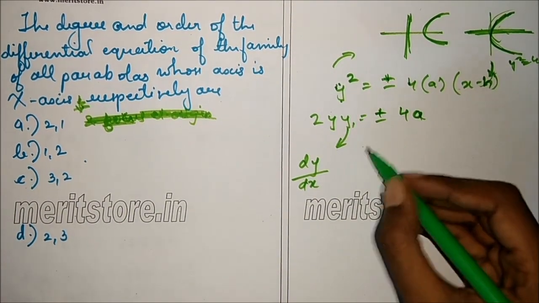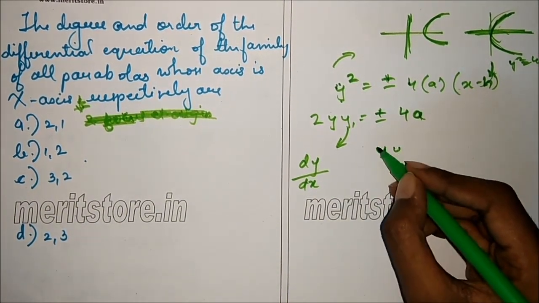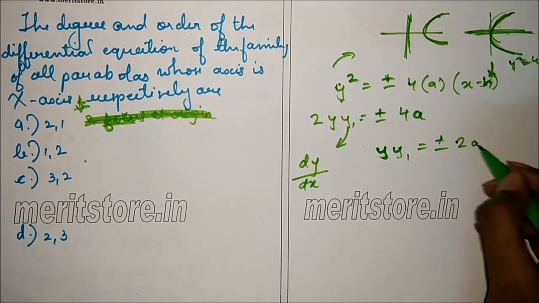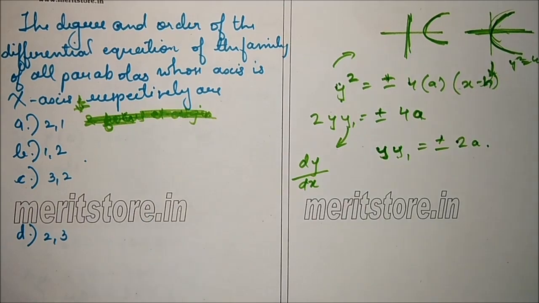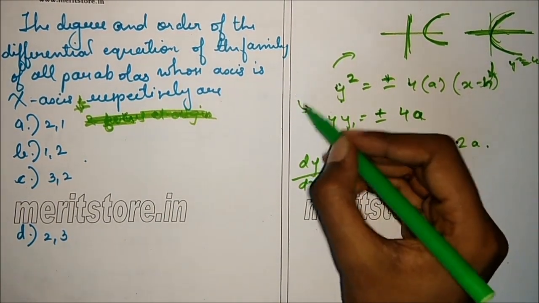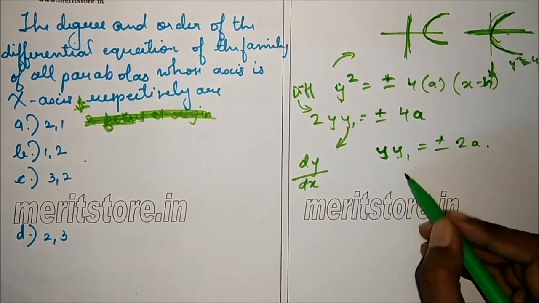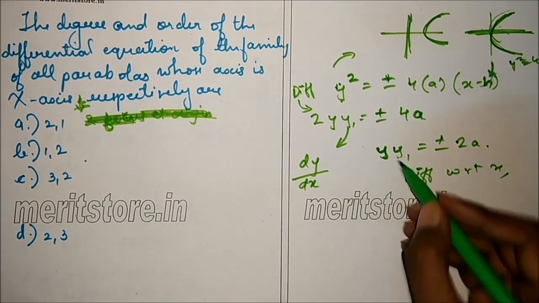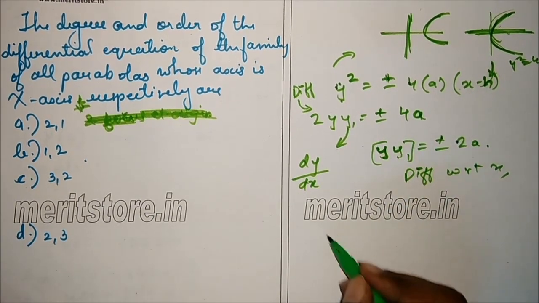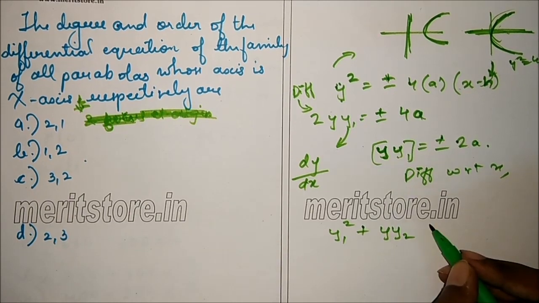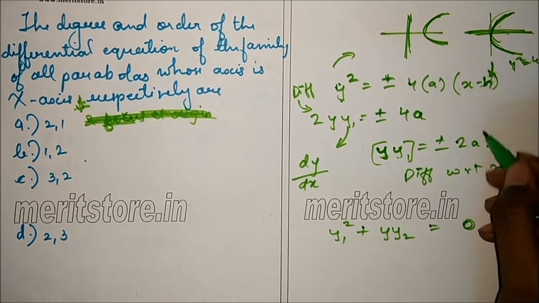Simplifying this, we get 2 y1 equals plus or minus 2a. Again differentiating this with respect to x, using the u into v rule for this one, this will be y1 square plus y2 equals 0, since this is a constant.